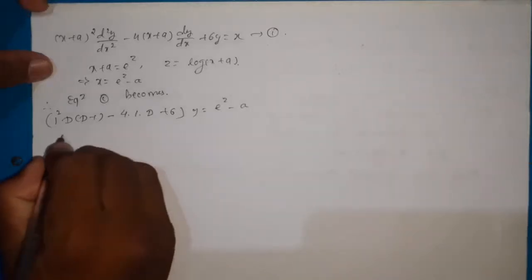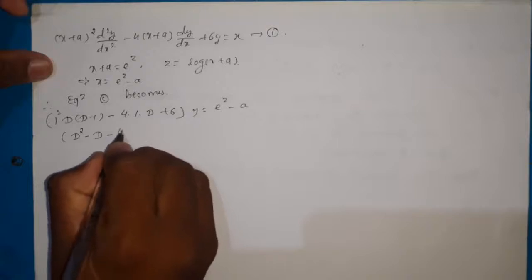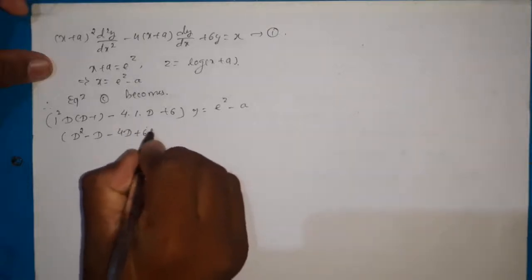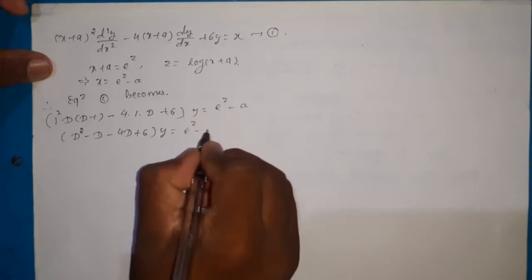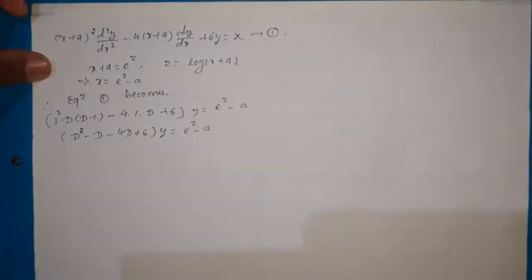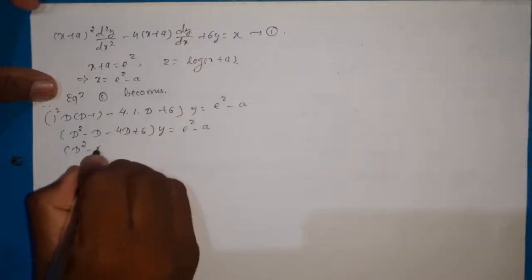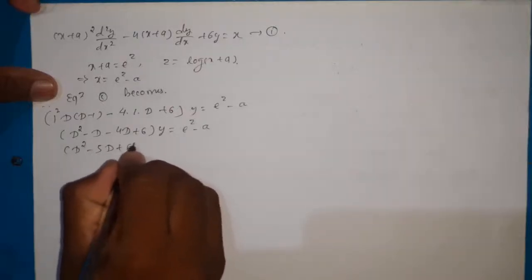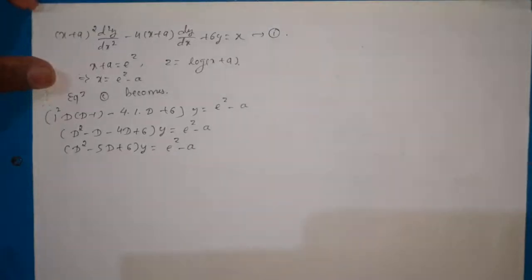And simplify this one, d square minus d minus 4d plus 6 into y equal to e power z minus a. Here it is (d square minus 5d plus 6) into y equal to e power z minus a.